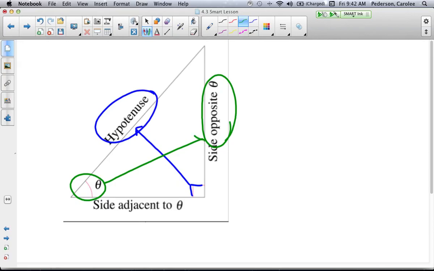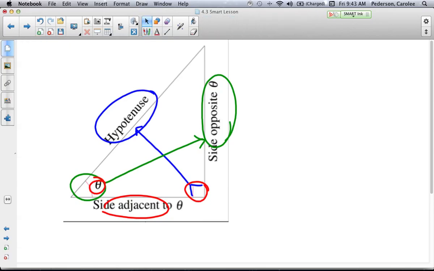And then the last one, if you don't remember where adjacent goes, that's your last side. Or the way you remember it is, adjacent is found between theta and the right angle. So those are the 3 important sides in a right triangle that go with the 6 trig functions.